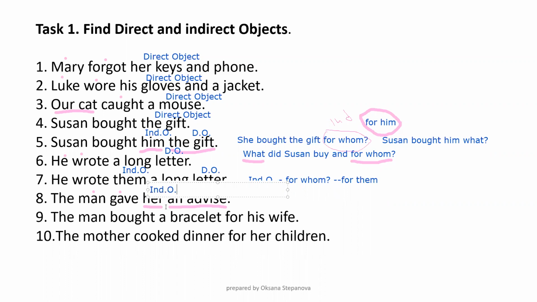So the object to which we can put a preposition and a question is your indirect object. The man gave an advice for her. So we can put a preposition, and this is your indirect object.